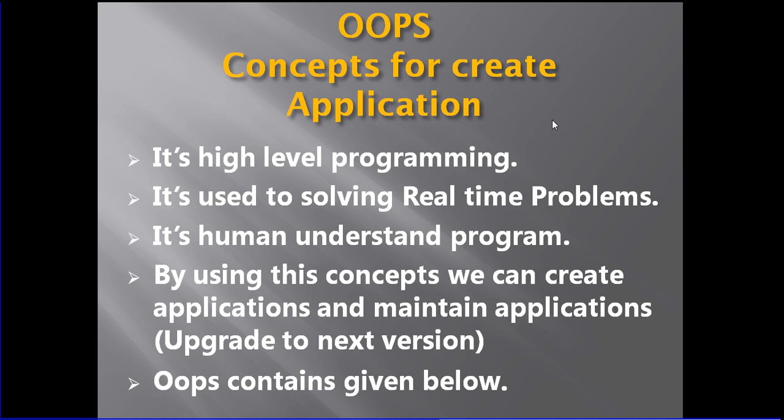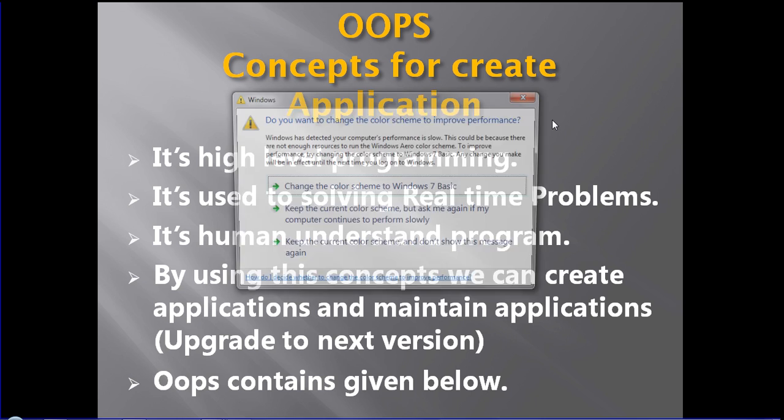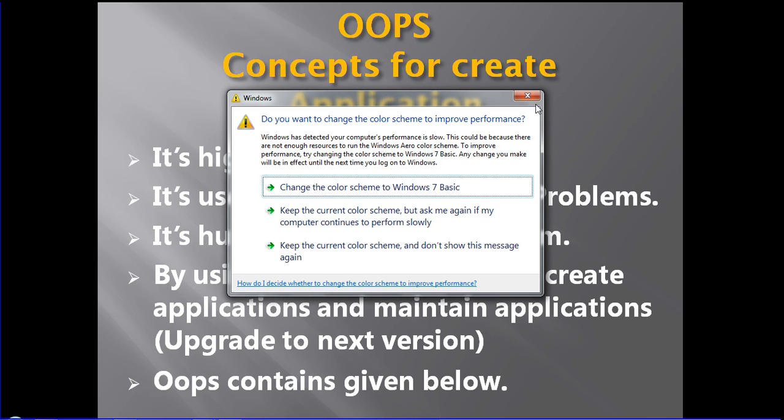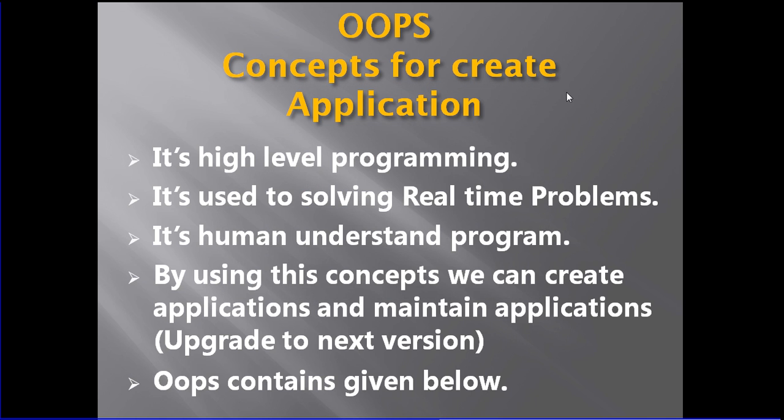What is medium level language? Medium level language means the languages we used before, like C, C++ and Pascal. Every software or programming language of this type is called a middle level language.